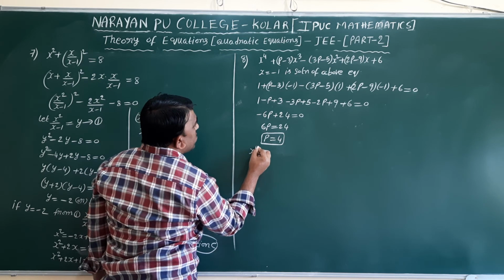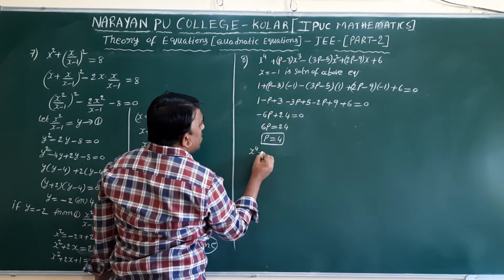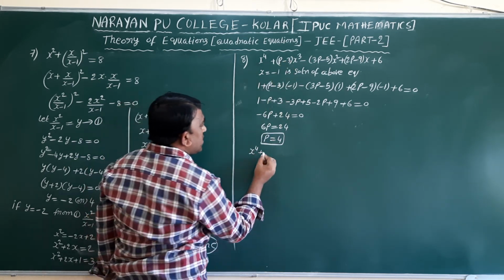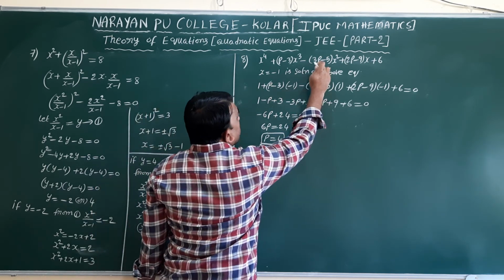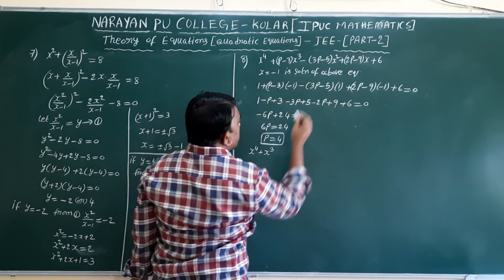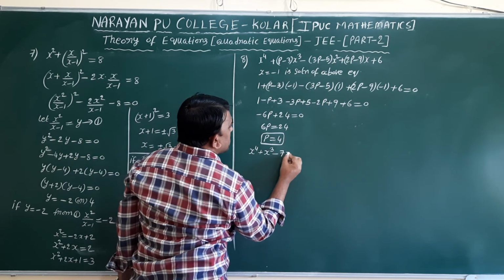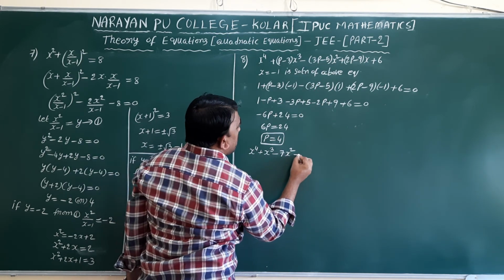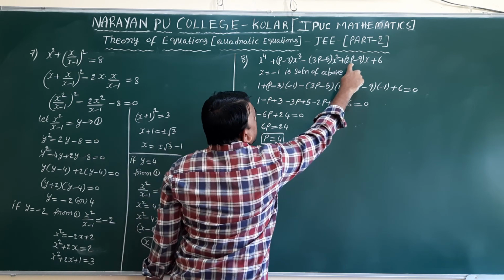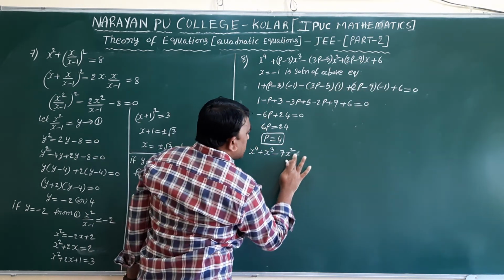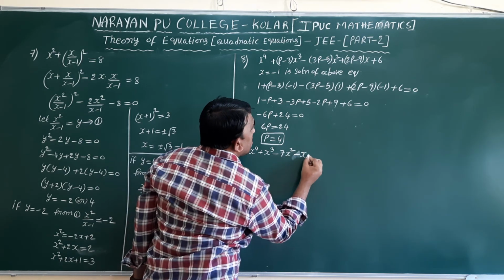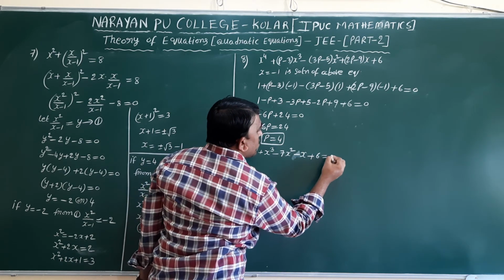So x power 4 plus 4 minus 3 is 1 x cube. P value 4, 4 3 is 12, 12 minus 5 minus 7x square plus p value is 4, 4 2 is 8, 8 minus 9 is minus 1, so minus x plus 6 equal to 0.